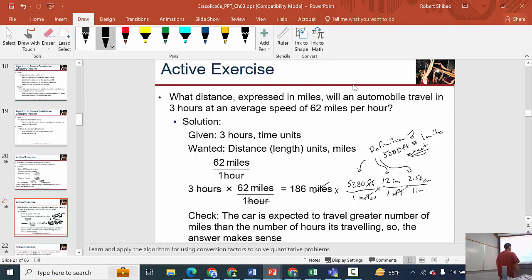This 62 miles per hour, is that exact or approximate? It could be exact, but if the person were actually driving, you'd say approximately. They could be anywhere around there. If this were a hypothetical thought experiment, then you could say, hypothetically, if they were traveling exactly 62 miles an hour, what's the distance in exactly 3 hours?